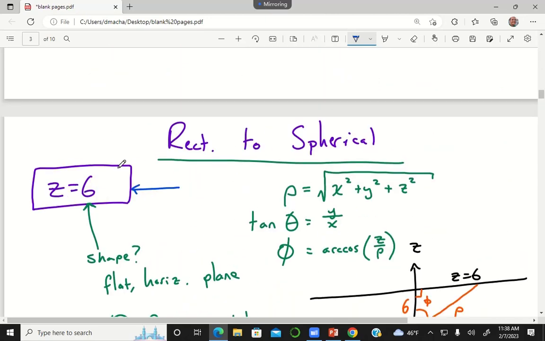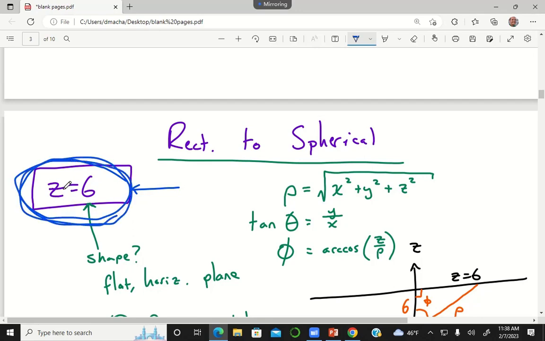What we started with over here when I said z is equal to 6, since I didn't mention x and I didn't mention y, this implies that both x and y are free variables, right? If you just don't mention x and you just don't mention y, what you're saying is you're allowing x and y to take on any value.